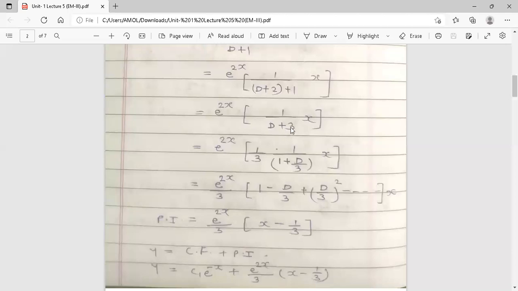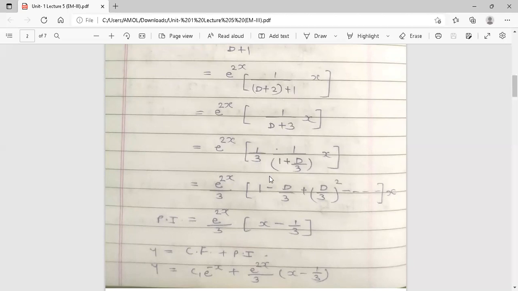Here the constant term is 3, so you take 3 common. If we take 3 common, the term is 1 by 3 into 1 upon 1 plus D upon 3, because we have taken 3 common, so in place of 3 there is 1.